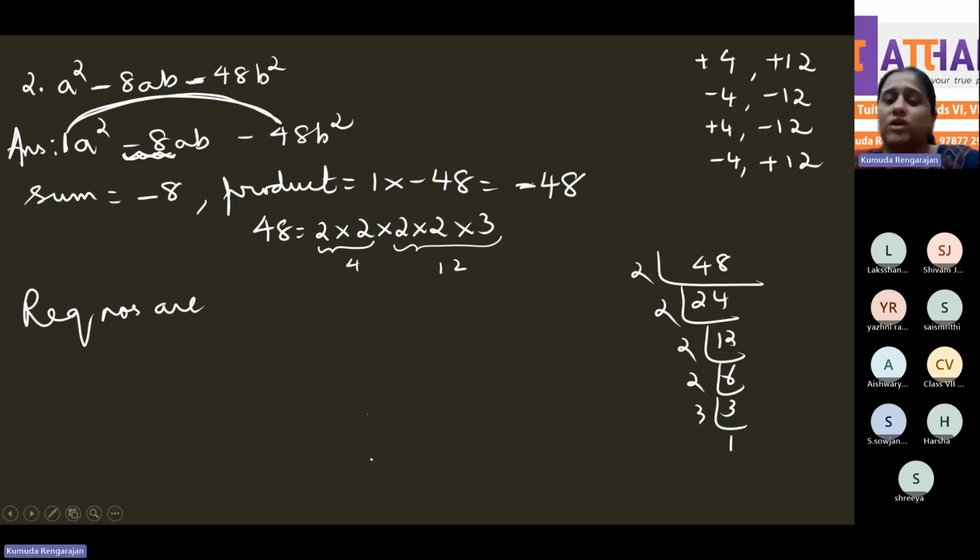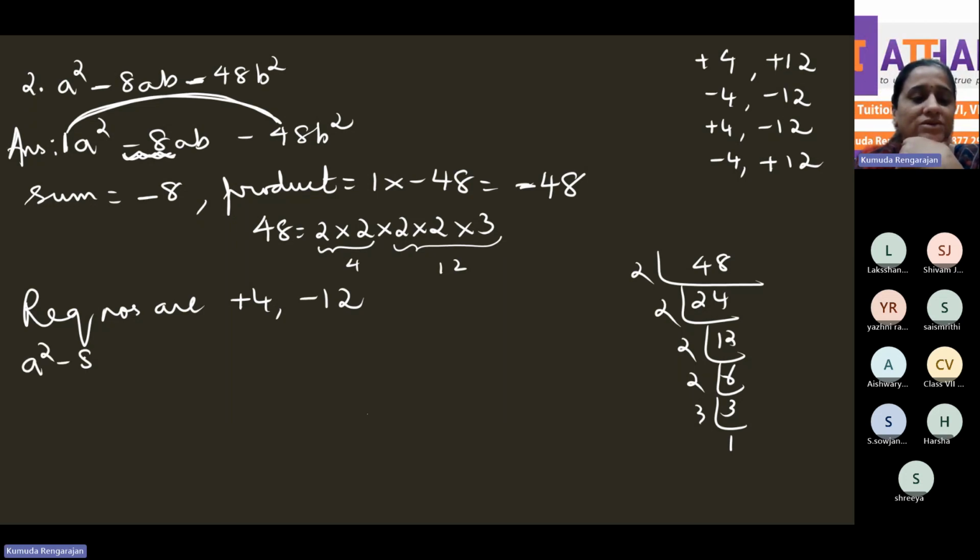So one of these four only will happen. For this situation, it is +4 and -12. Now write down what is to be factorized.